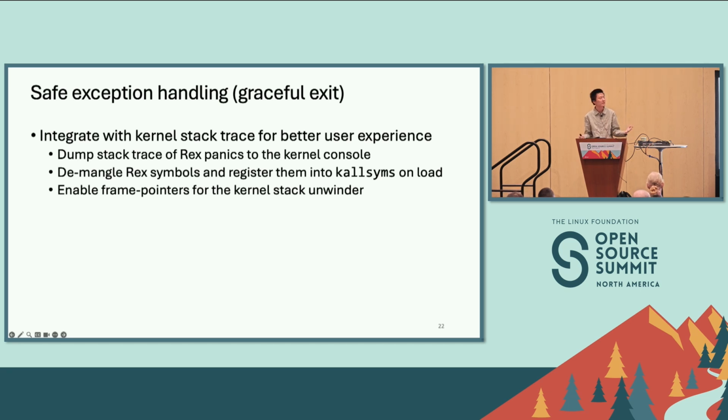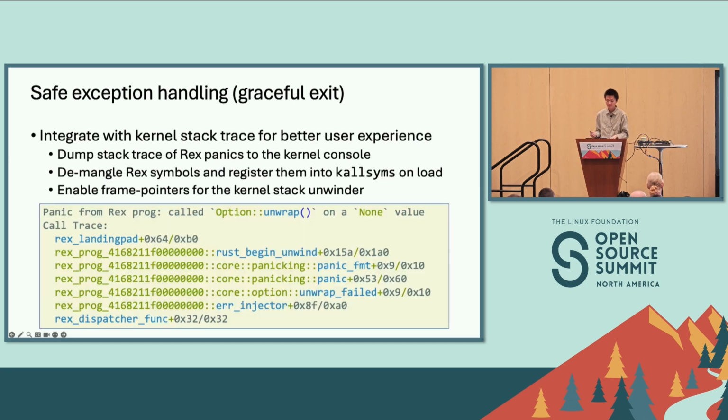We also enabled the frame pointers in the Rex programs to allow the kernel stack unwinder, especially the ORC unwinder, to correctly walk the stack. And in this way, the user will get traces like this upon a Rex panic. So we can see that this exception comes from unwrapping a non-value, and it happens inside the injector function, which can help the user pinpoint what went wrong much more easily.